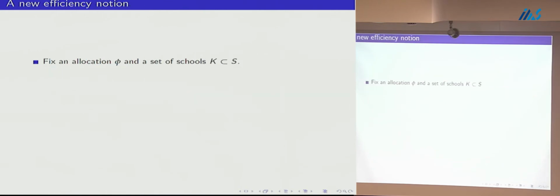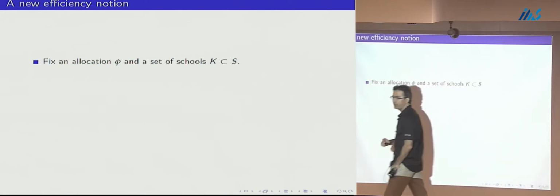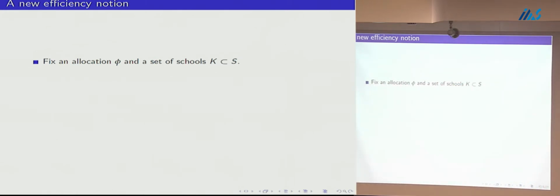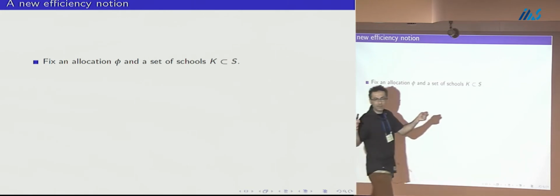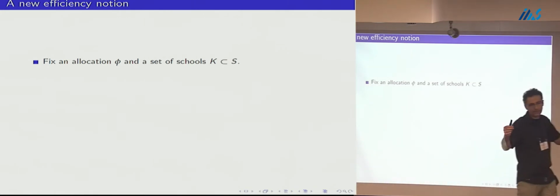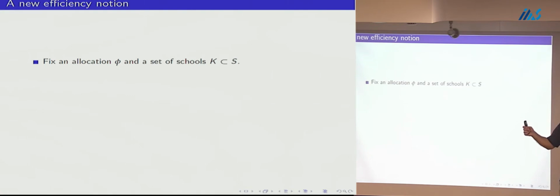But we know that that's actually difficult to achieve in a strategy proof way. Let me skip that one and let me introduce a new notion of efficiency. In finite models, I already know that I cannot allocate all schools in a symmetric and Pareto efficient and strategy proof way.